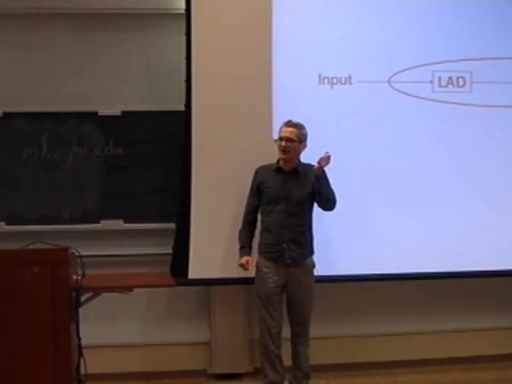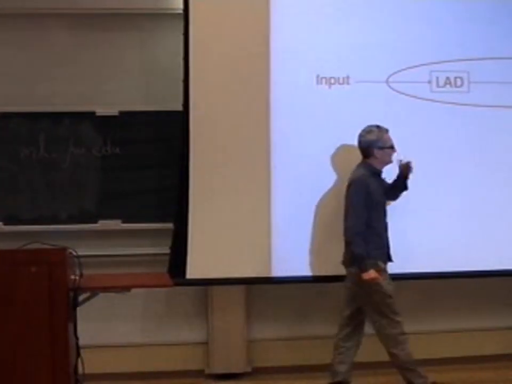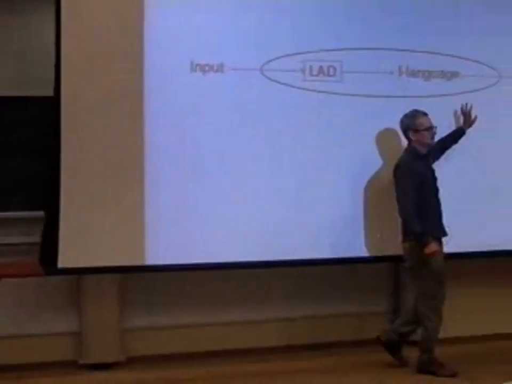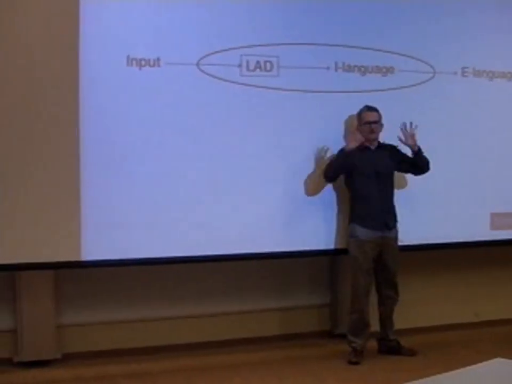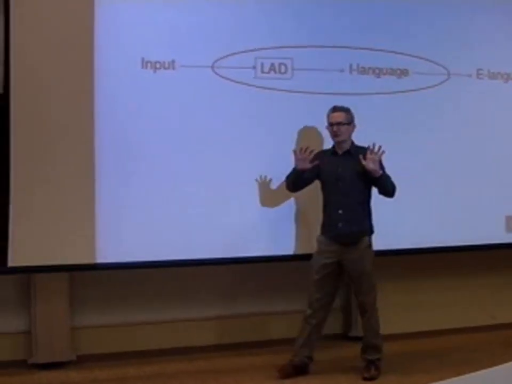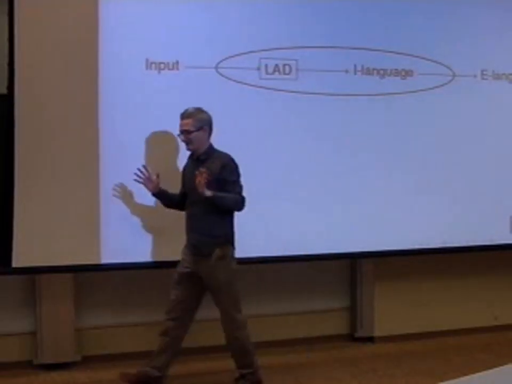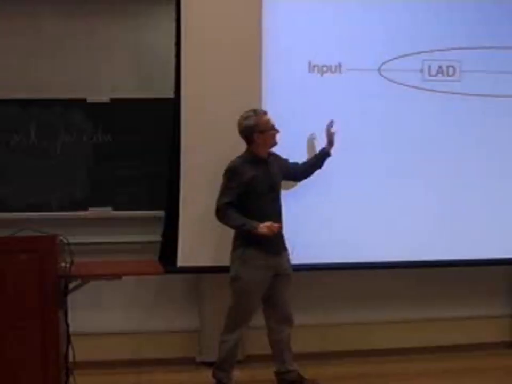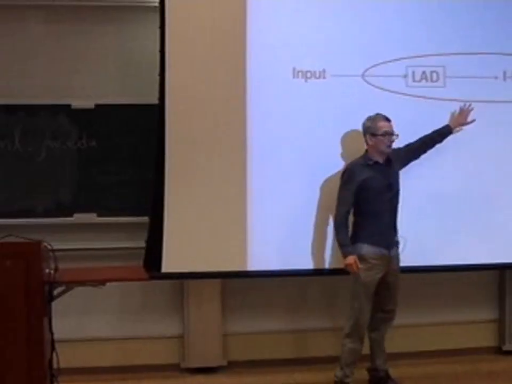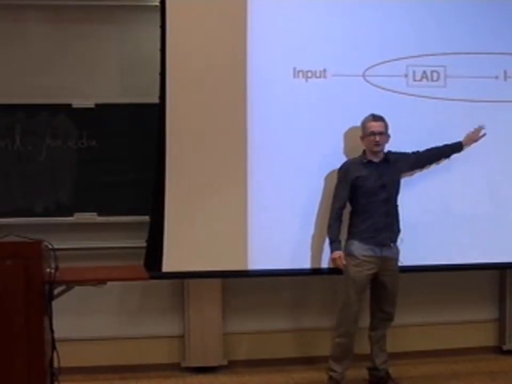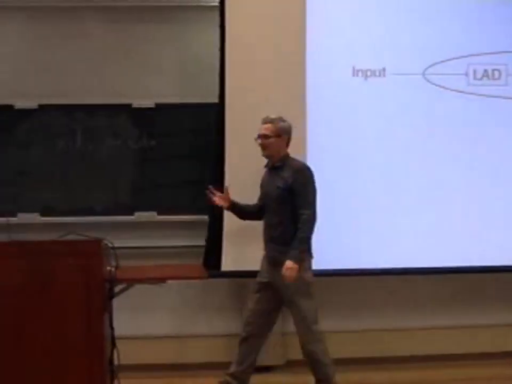We don't observe the grammar. What we observe is what linguists call E language, which is the set of pairs of surface strings and meanings, right? And we don't observe either the language acquisition device or this internal grammar. So we don't know what the internal grammar is.